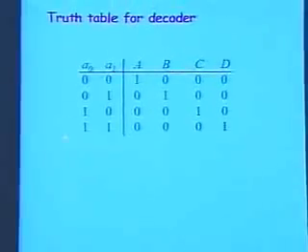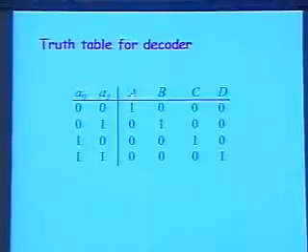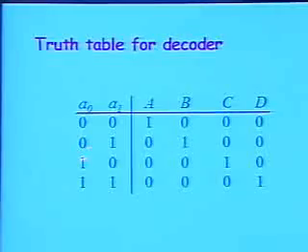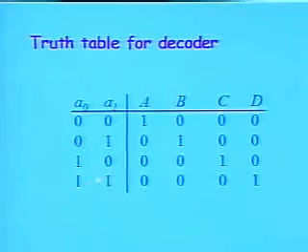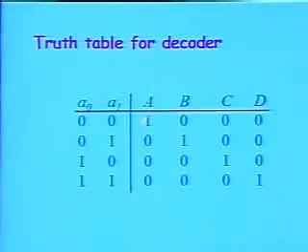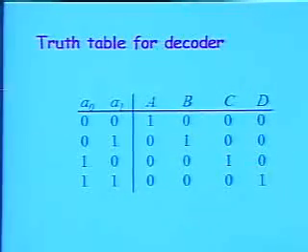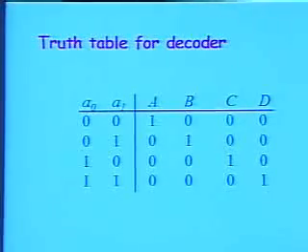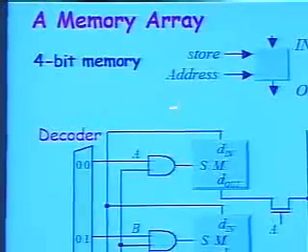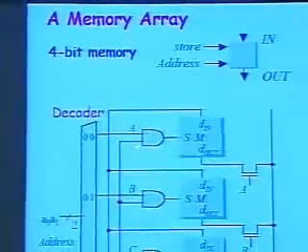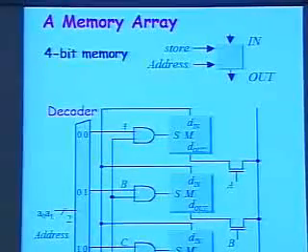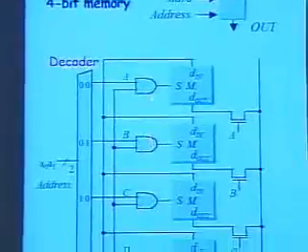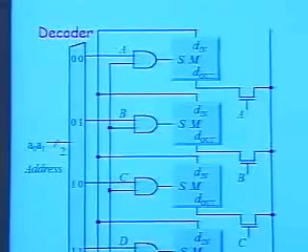Let's look at the truth table. This is the truth table for the decoder. Okay? So as you can see, depending on the address that I have here, this is 0, 1, 2, and 3 in binary system. Only A, B, C, or D is high, which means that this AND operation here only allows the input that is presented to all of the cells, but is going through the AND gate here, to appear at the output.